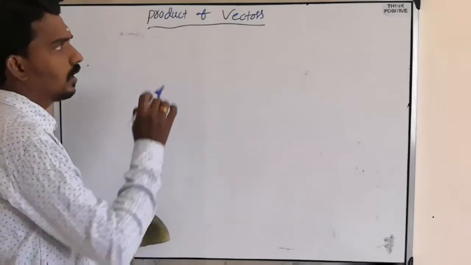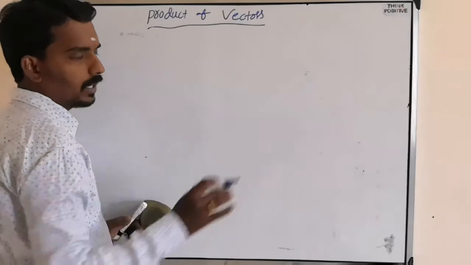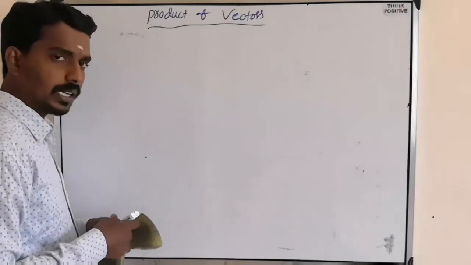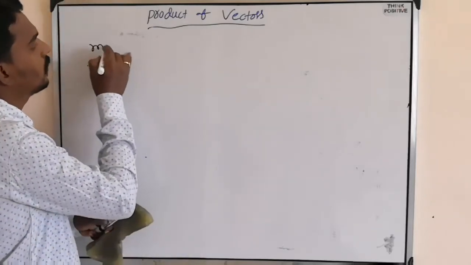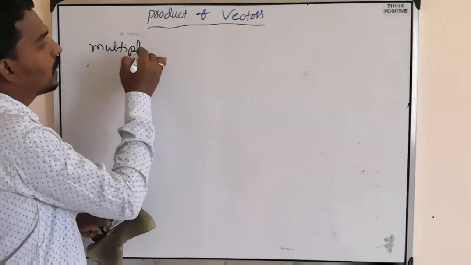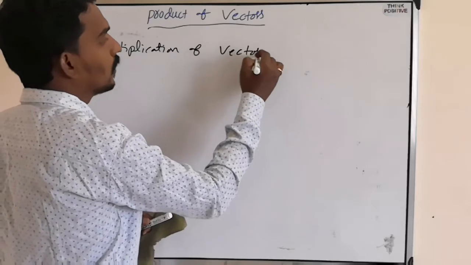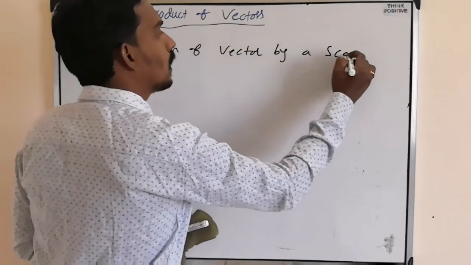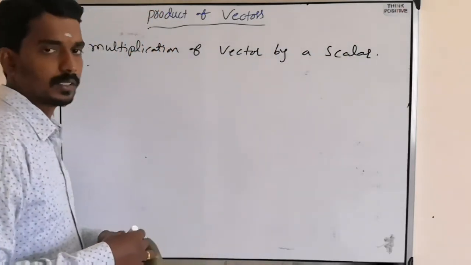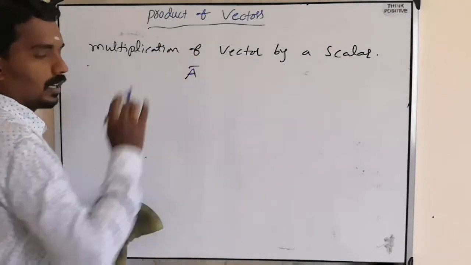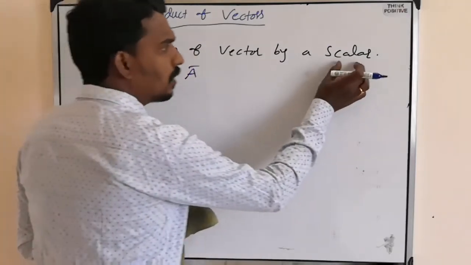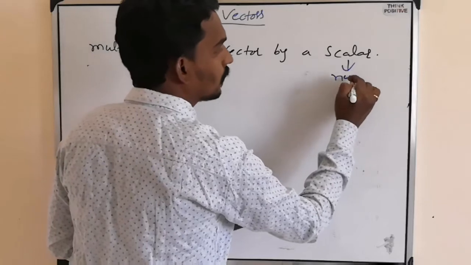When you consider multiplication of vectors, the first thing, which is very simple, is multiplication of a vector by a scalar. If A bar is a vector, scalar means what? Number.